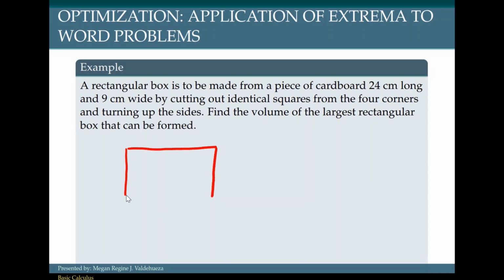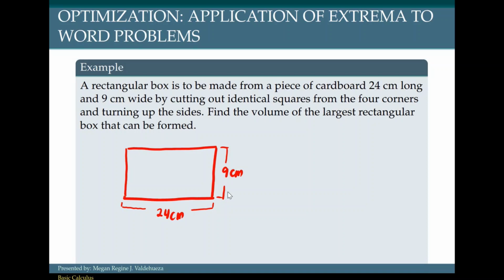we are given a rectangular piece of cardboard that is 24 centimeters long. This, from this to this is 24 centimeters and 9 centimeters wide. Right?